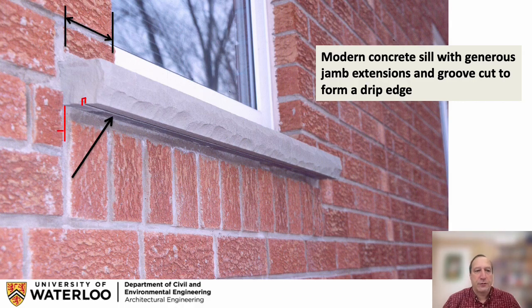The dimension of the projecting lip is of European standards, like it's got to be well over 25 millimeters, maybe 35 millimeters. It is a lugged sill, the way to ensure that water can't run around the edge. So this dimension here is probably in the order of 2.5 inches or 65 millimeters. And that means that water has enough time to run over the front edge rather than making an end run and dripping uncontrolled down here.